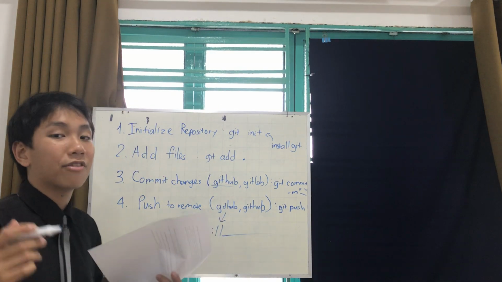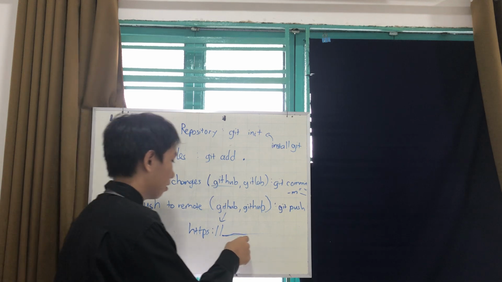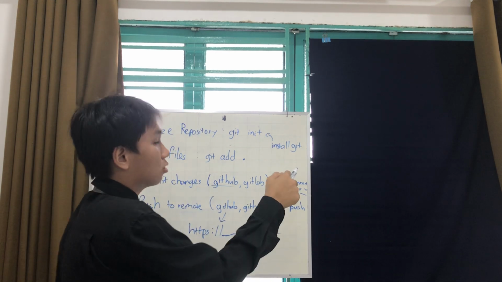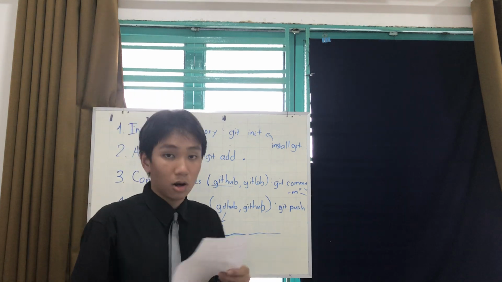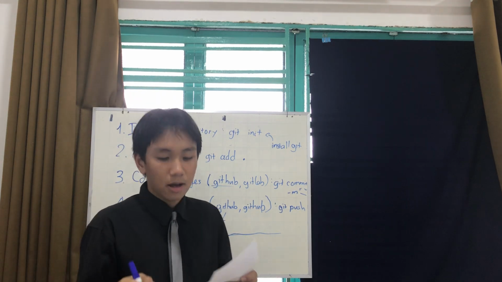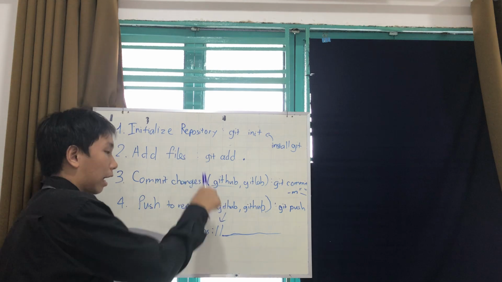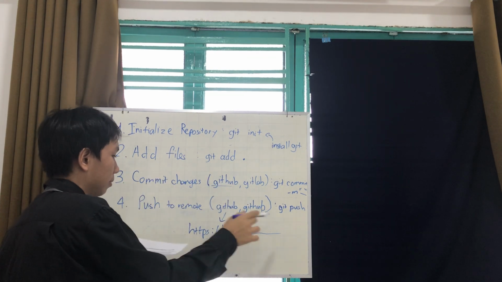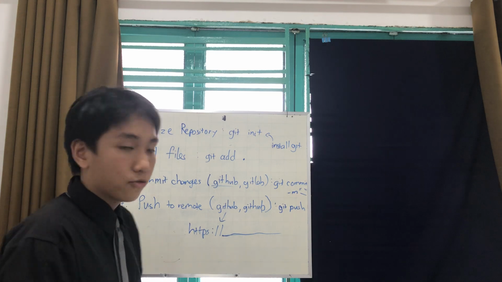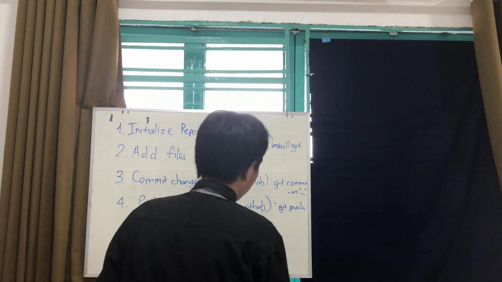I don't have a clear one, every repository has a different origin. So that is how you can commit. You can track the files, then commit, and then push it to GitHub for better management.